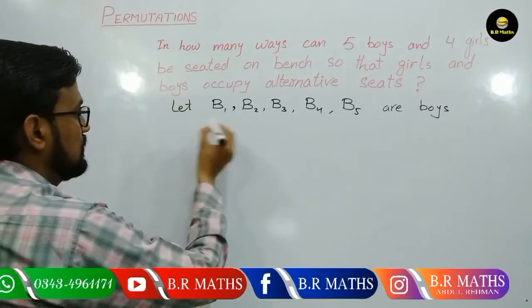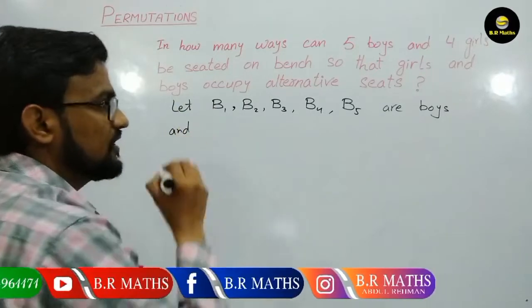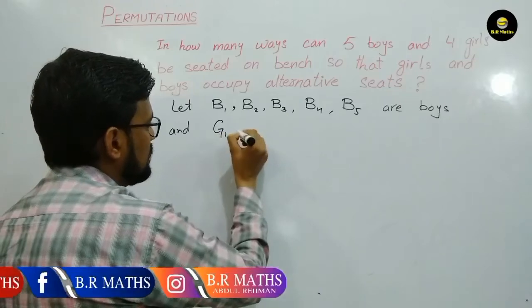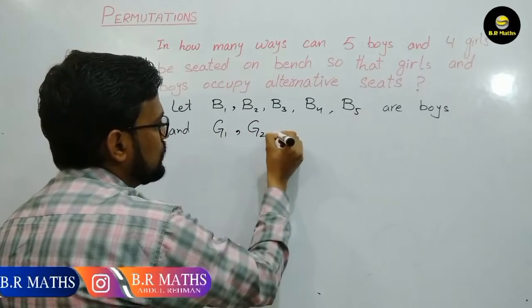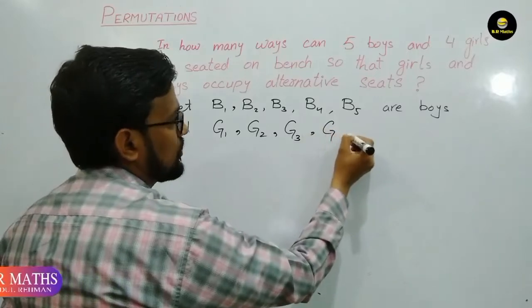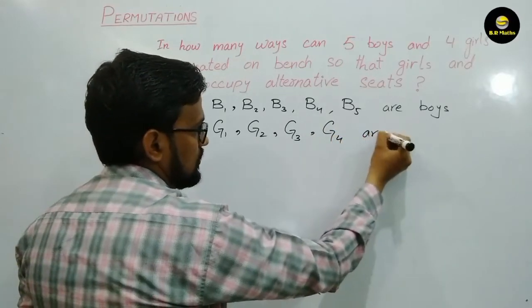And there are 4 girls. So let G1, G2, G3 and G4 be the girls.